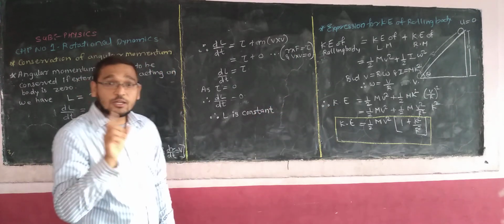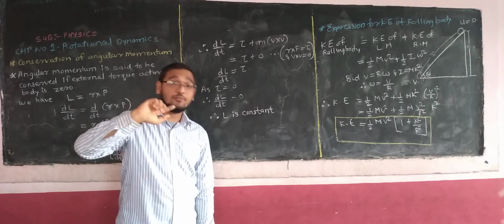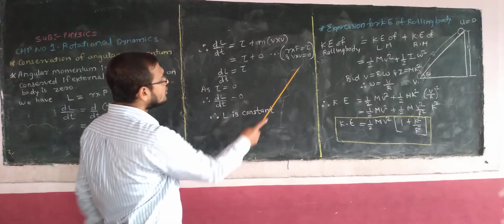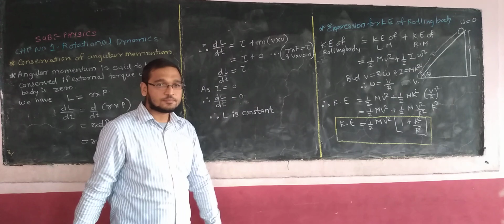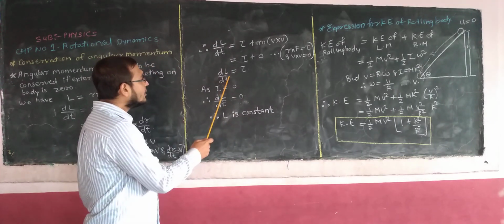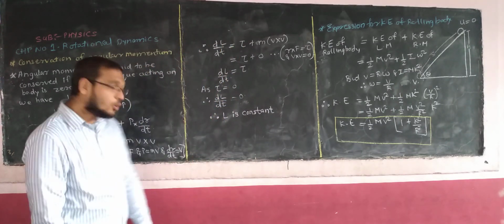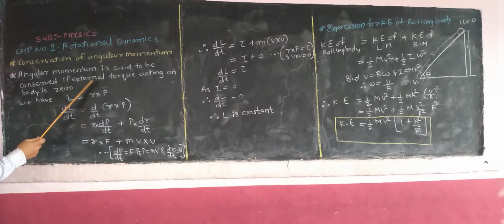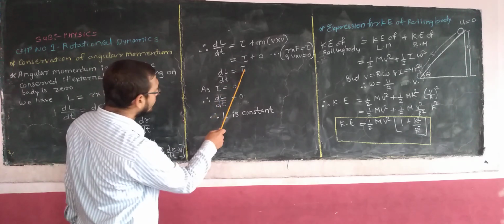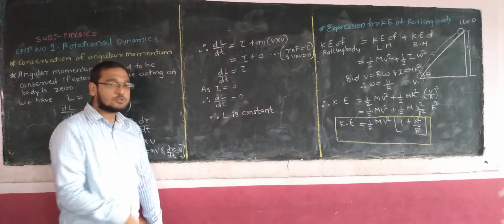We have studied the vector product: the vector product of a vector with itself is always zero. So v cross v is zero. So what we get is dL by dt is equal to tau. But what does our statement say? External torque acting on the body is zero. So tau is equal to zero, and we get dL by dt is equal to zero.